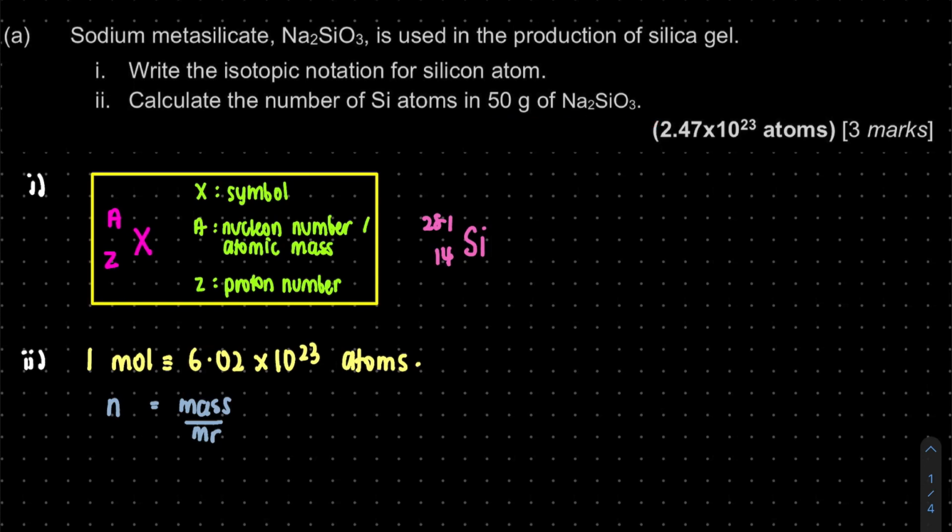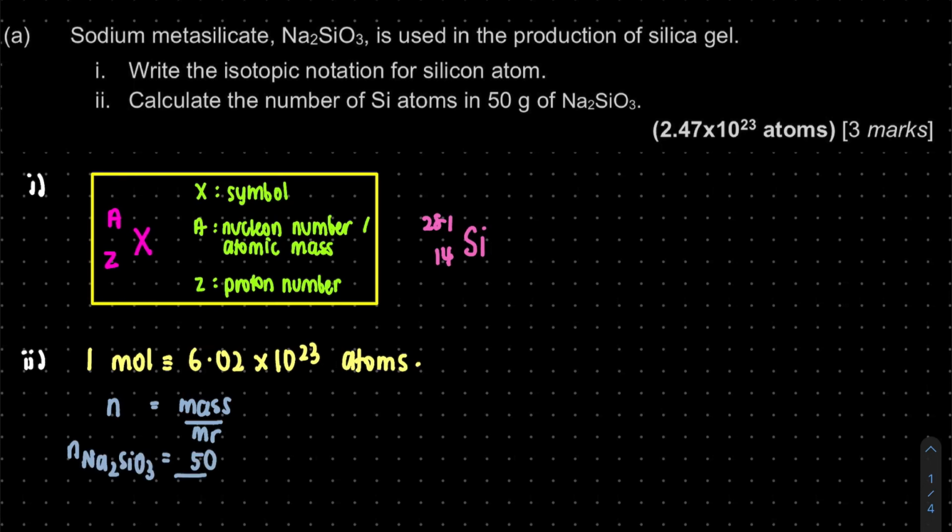First we're going to find out not the mole of Si, but the total number of mole of our molecule itself. I'm just going to write down the number of mole of Na2SiO3. So the mass is 50 gram.